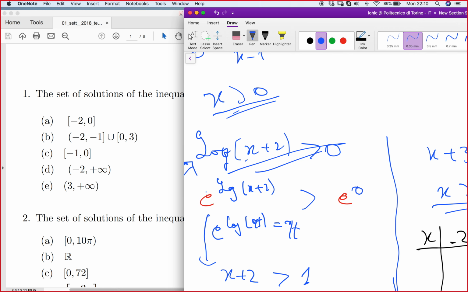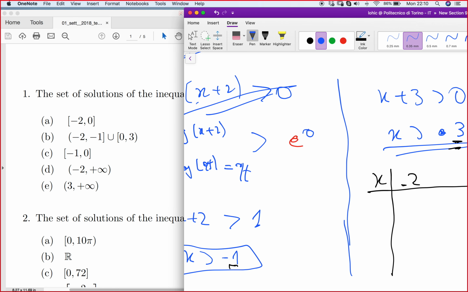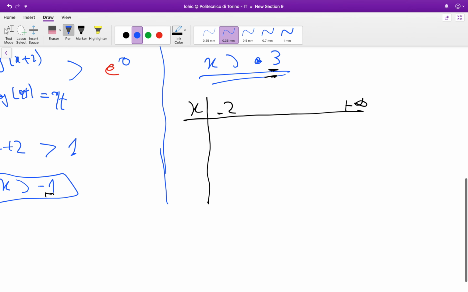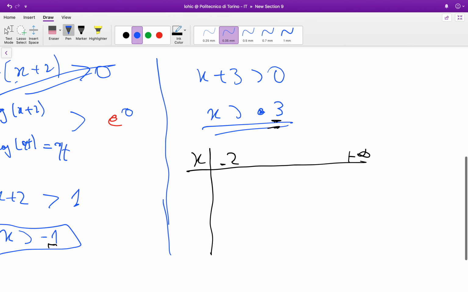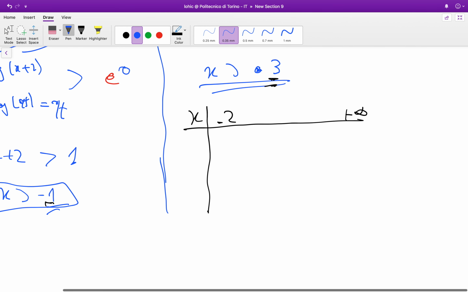Okay, so here it is x greater than 3. Doubts? So in this table now, which are the points that we discovered? We found the point minus 1, this one, and we also found the point 3. So we put them in order. We have minus 2, then we have minus 1, and then we have 3, right?